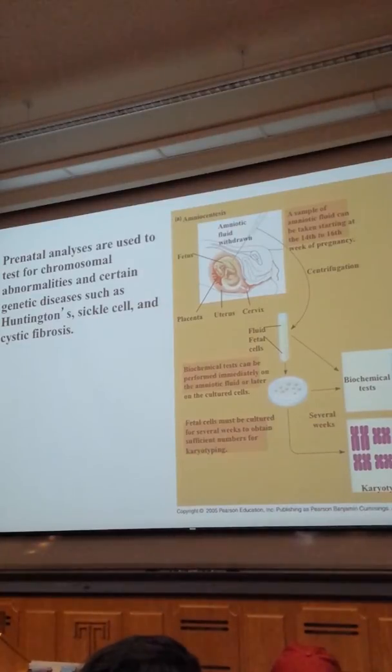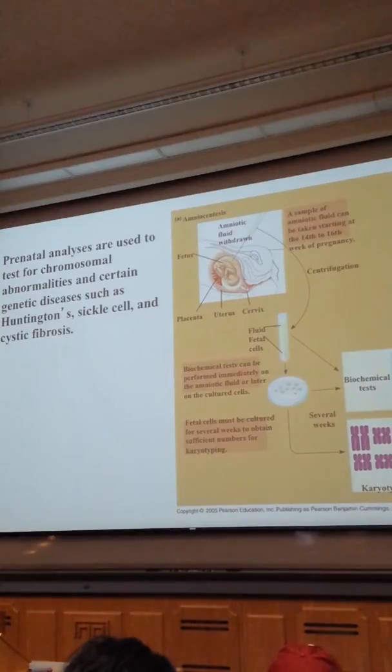And so if a couple marries and they both have a brother or sister with cystic fibrosis, then they're going to want to know if they're carrying the allele for cystic fibrosis, or if they are carrying the allele, what's the chance they're going to have a child with cystic fibrosis? And that's what amniocentesis can tell you.